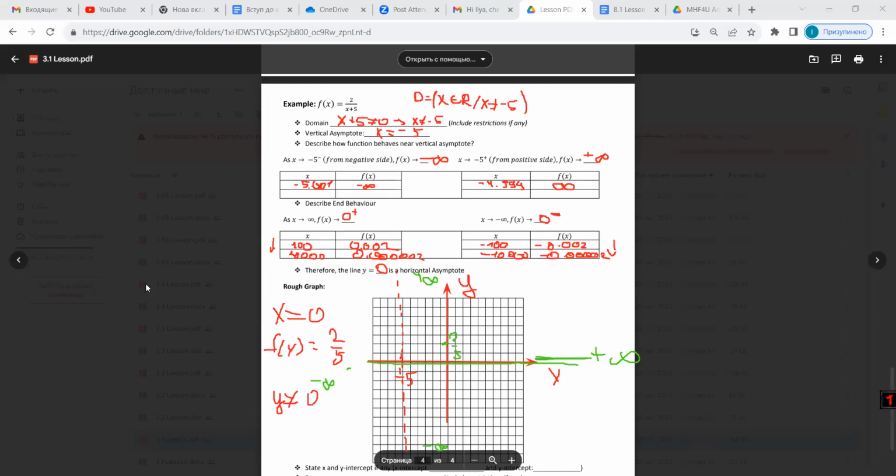And from the right-hand side it comes from positive infinity and travels to positive infinity in the x-axis. Okay, as such. So this is our rough sketch of the graph.